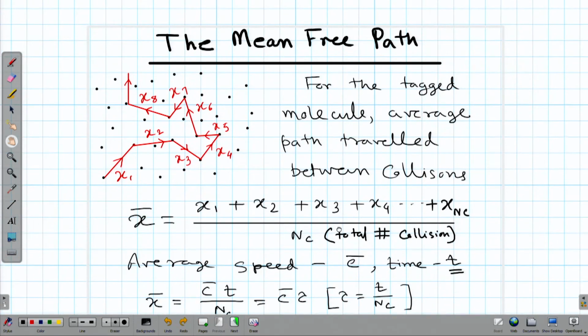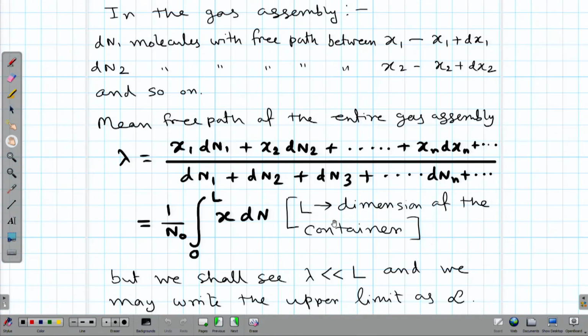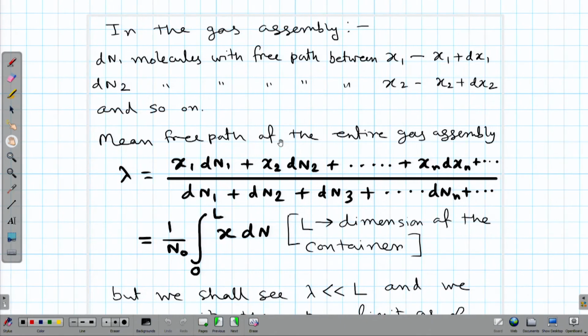So, instead, we can formalize it in a more systematic manner. In a gas assembly, we can define dN1 as the number of molecules with free path between x1 and x1 plus dx1. dN2 similarly is the number of molecules with free path between x2 and x2 plus dx2, and so on.